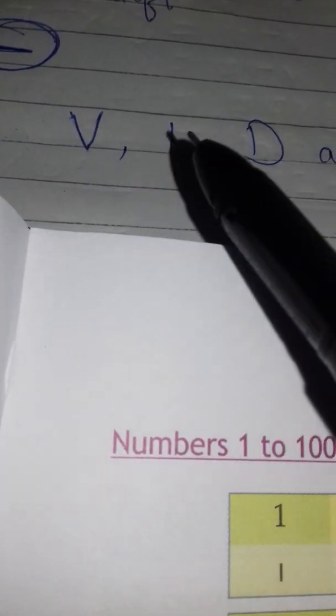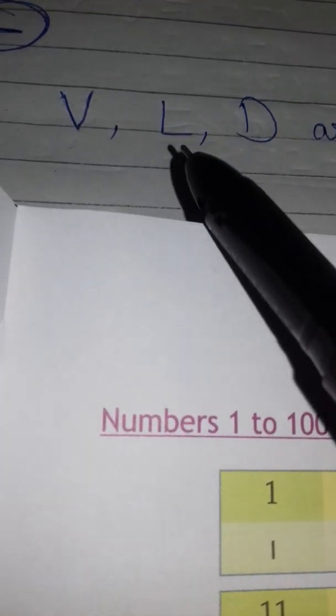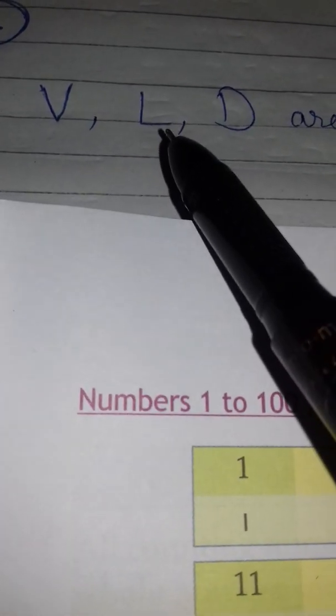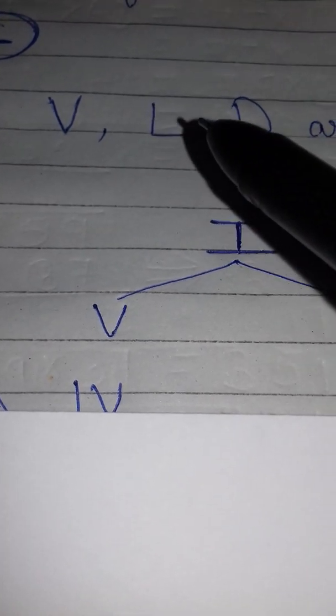We can add these symbols to any other symbols, like V plus I, or L plus X, LX, D plus C. And we can subtract some symbols from these, like I from V, X from L, C from D, but from these numerals we cannot subtract. Suppose I write VX, there is no rule for this, so it is wrong.